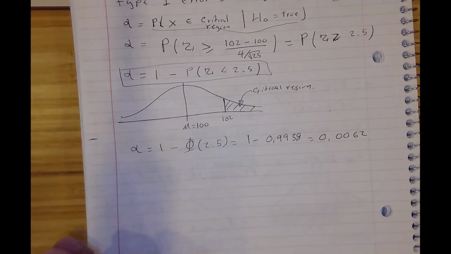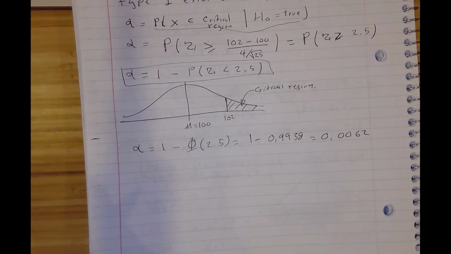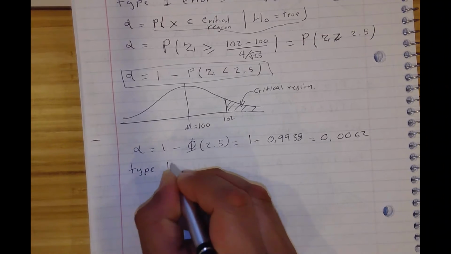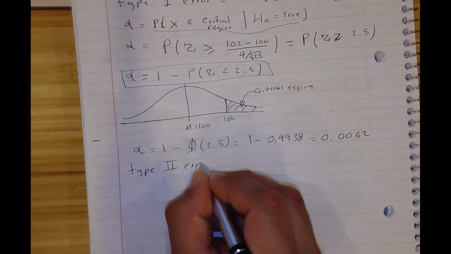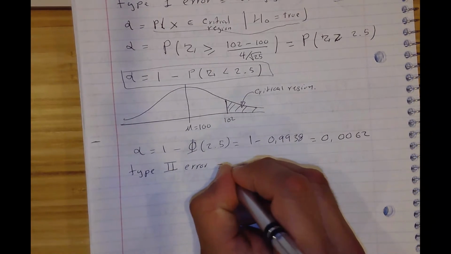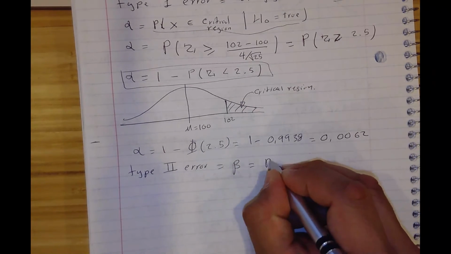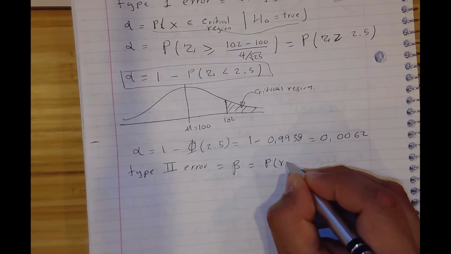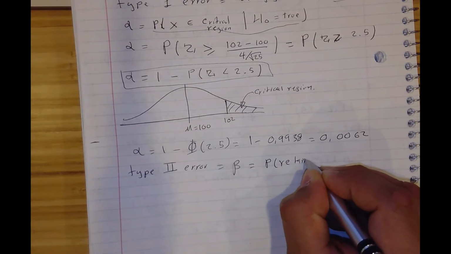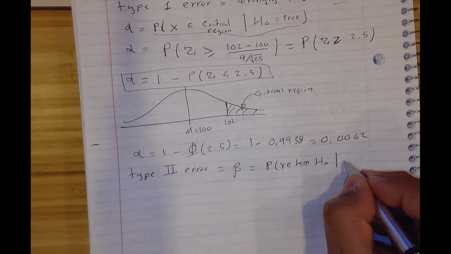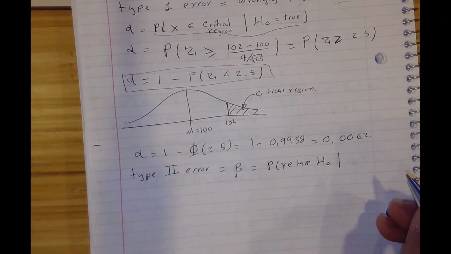Okay, let's go to the next topic, which is the type 2 error, also called beta. Okay. Type 2 error, which is also beta here. It is the probability of retaining the null hypothesis given that the alternative hypothesis is true.